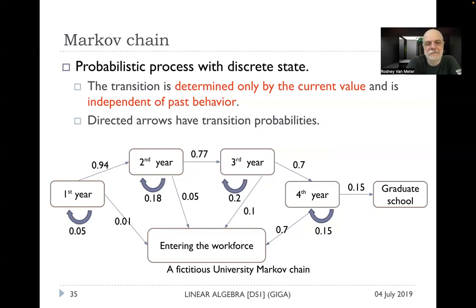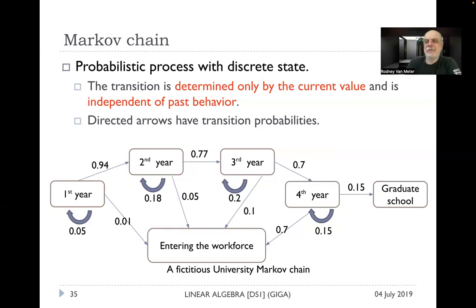Third year, you see 0.7 probability of going from third year to fourth year, and a 0.2 probability of staying as a third year, and then 0.1 probability of leaving and taking a job. So third year, maybe things got a little bit easier, but all the same, people are distracted with various things in their lives, and so the probability of people not advancing to fourth year is actually sort of high.